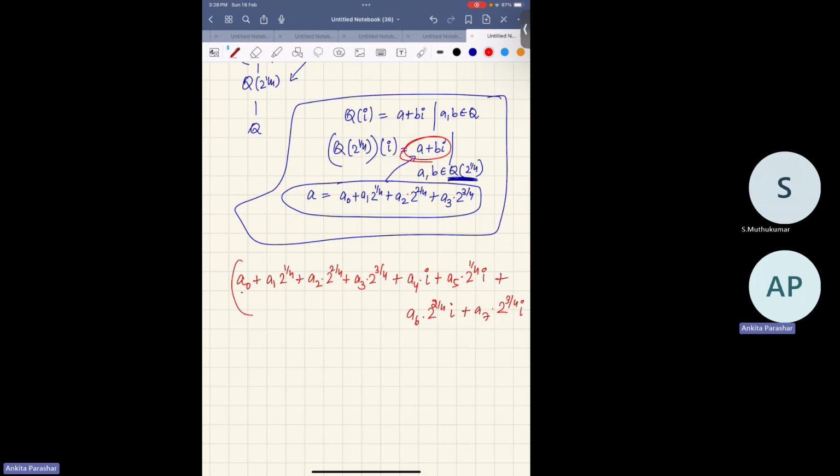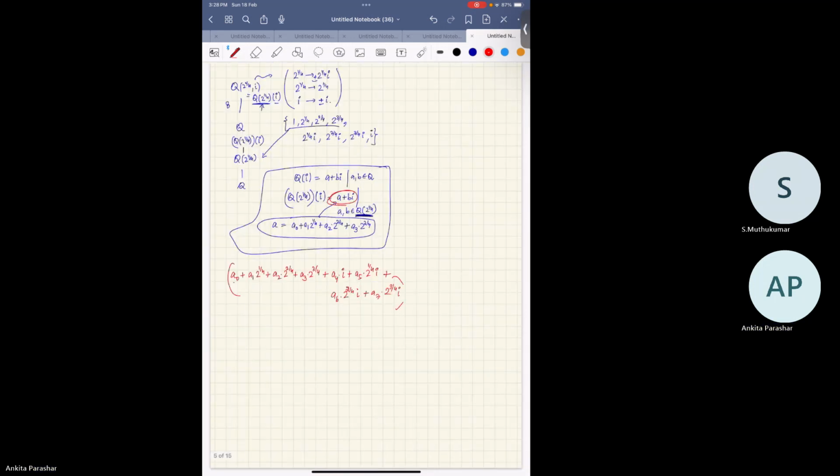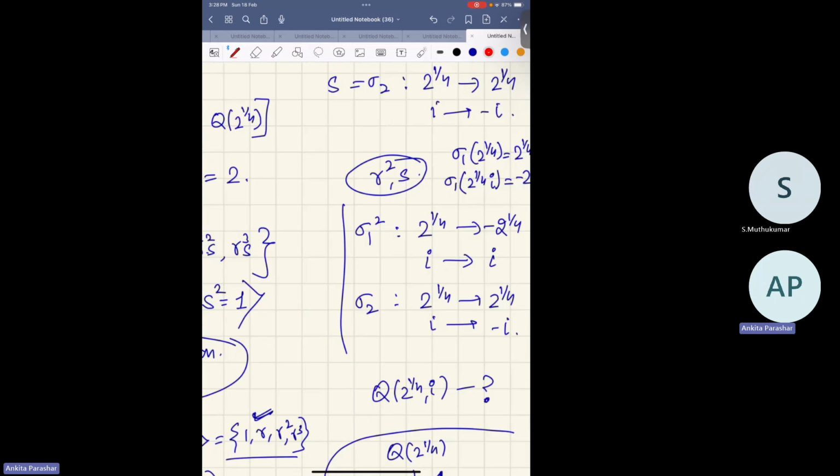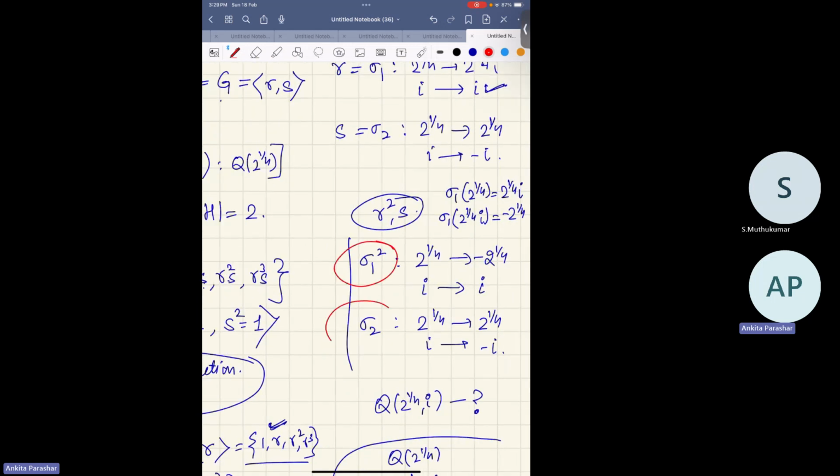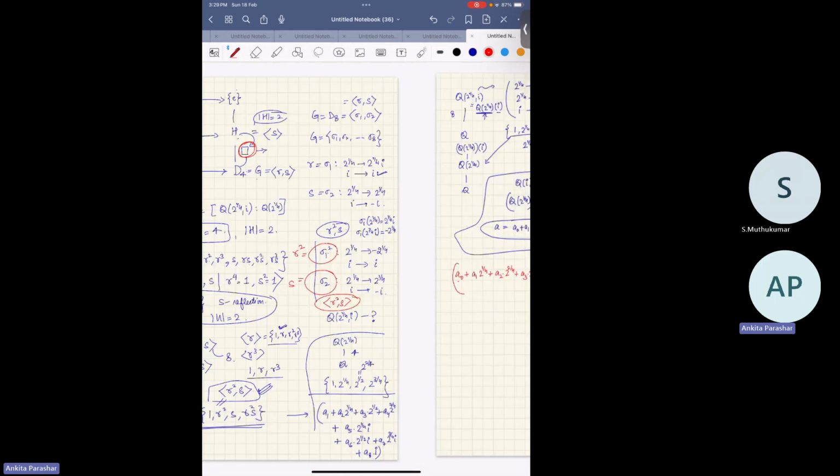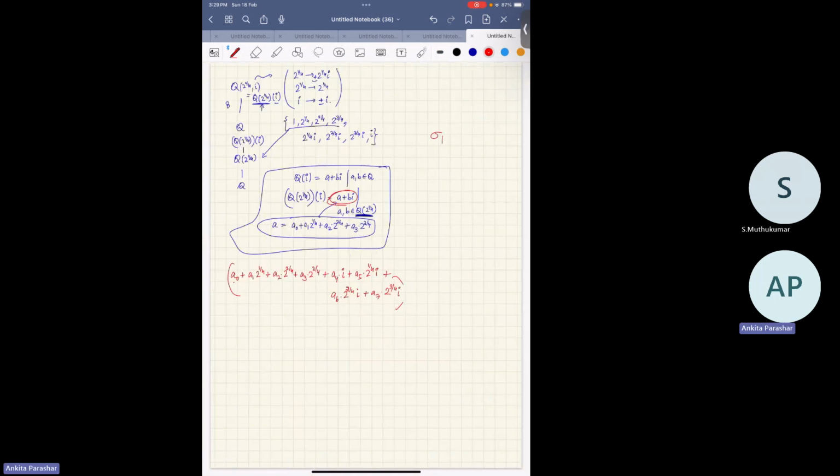Now let's apply. We want the fixed field by sigma 1 square and sigma 2. This is my r square, this is my s, and the group generated by that is nothing but the group generated by r square, s. So we want what is fixed by sigma 1 square and sigma 2. Let's write. Sigma 1 square is 2 power 1 by 4 going to minus 2 power 1 by 4, i going to i.